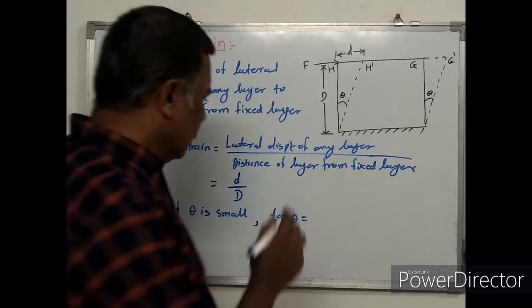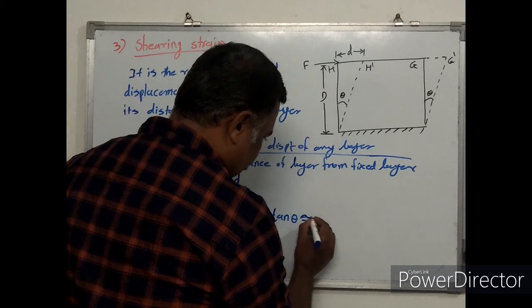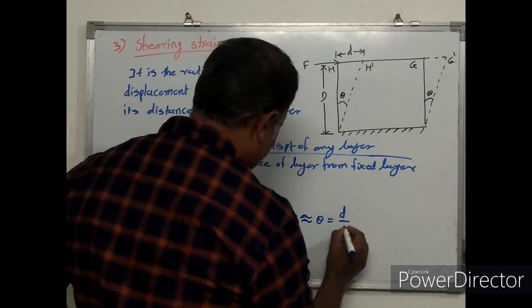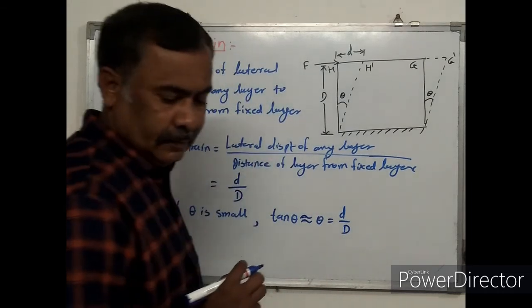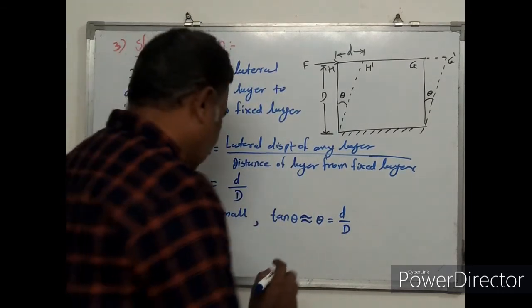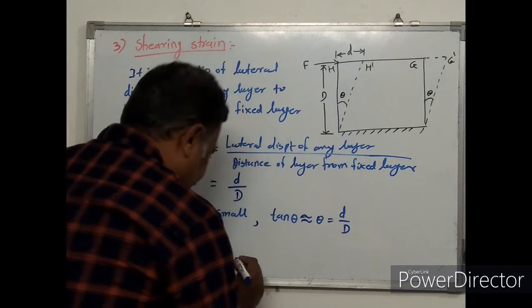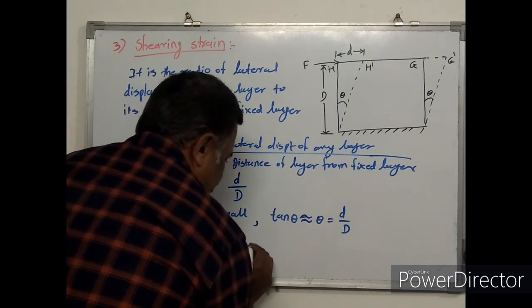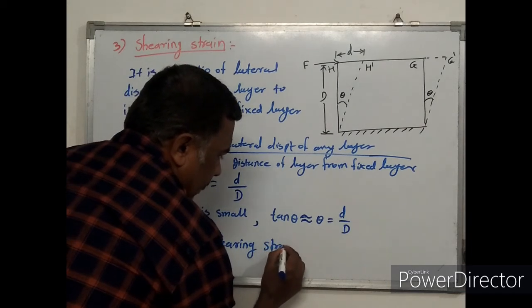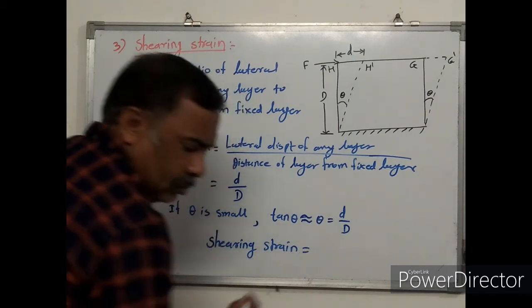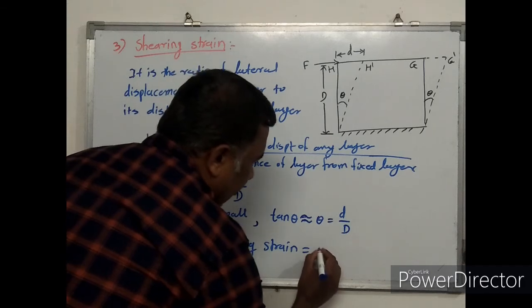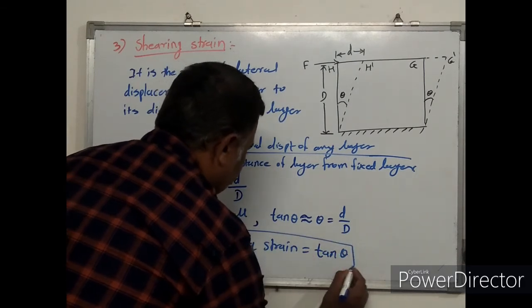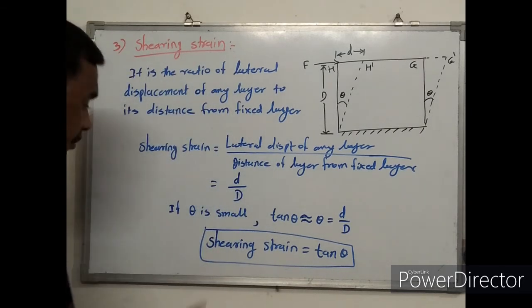Tan of theta is nearly equal to theta, that is d upon D. Or shearing strain, which is nothing but shearing strain, is equal to tan of theta. This is the most important equation.